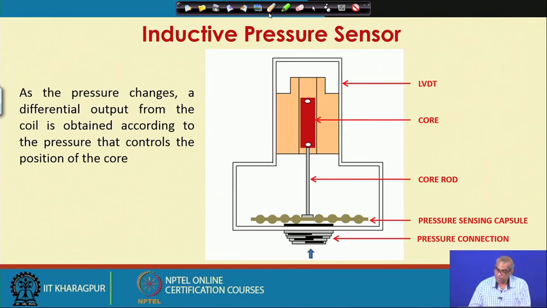The pressure sensing element is called a capsule. A capsule is formed from several diaphragms. To understand the working of this inductive pressure sensor, you can also consider the pressure sensing capsule as a simple diaphragm.